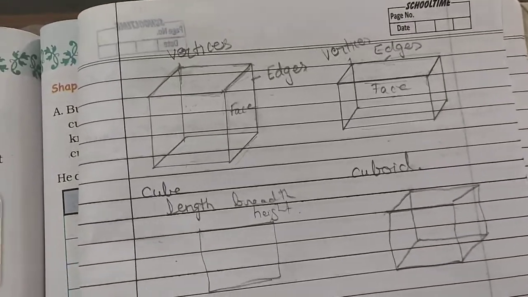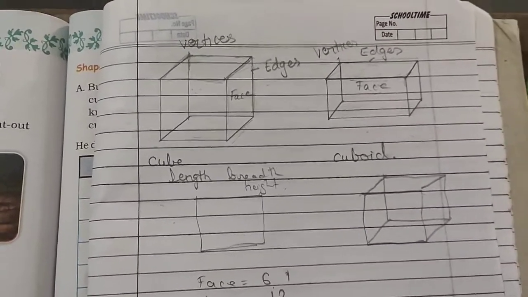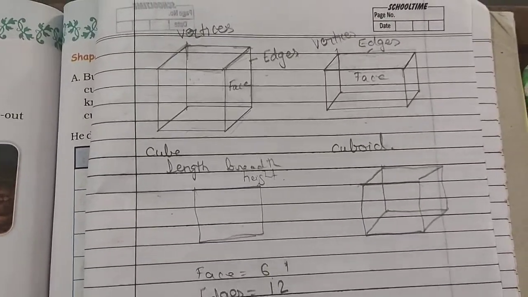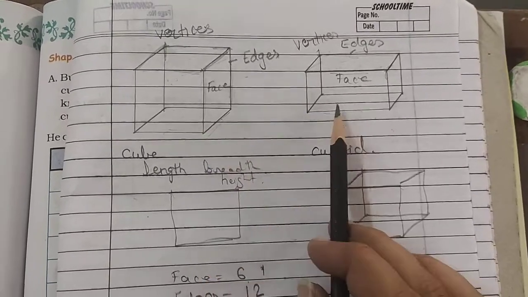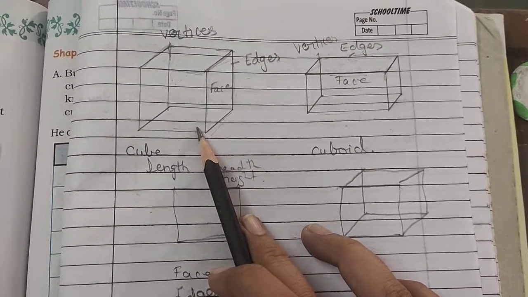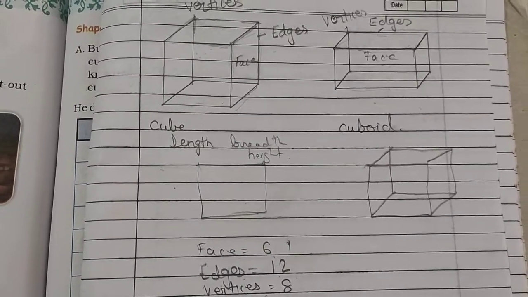After that we will start our lesson from the textbook, students. I hope you all have understood about this lesson. In this lesson we will study mainly two parts. One is solid shapes, which are the cube and cuboid, and we will study the sketches which we have drawn here.